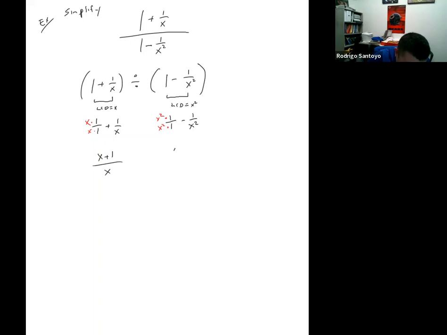It looks like we're left with x squared minus 1 over x squared. Remember, we're dividing. Any questions, y'all? Any questions?